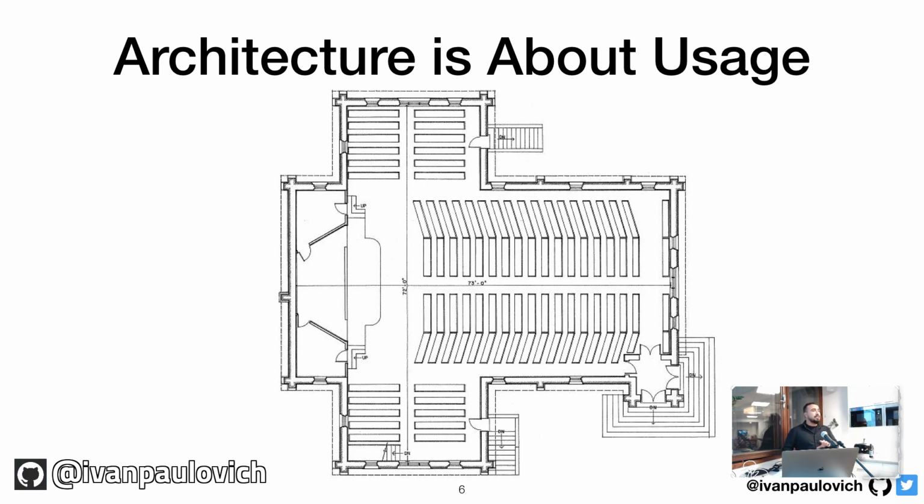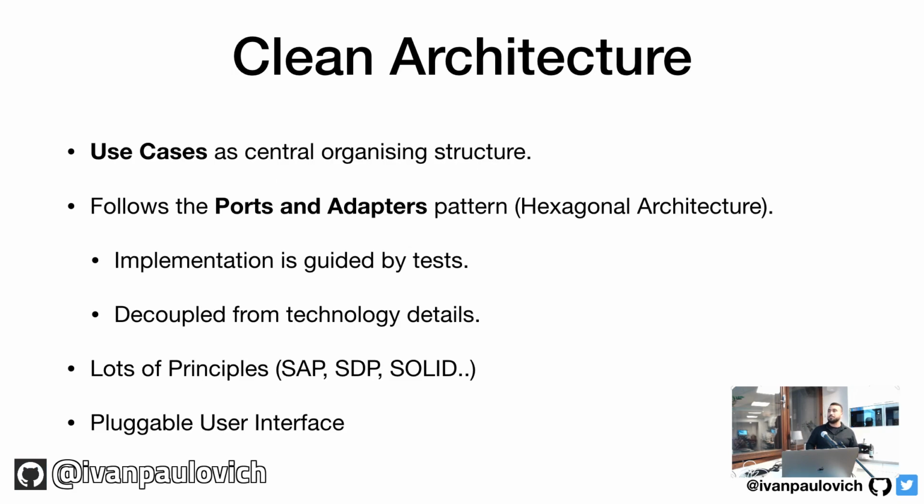The challenge in software architecture is that we usually don't do that. We usually hide the usage behind technology details, implementation, frameworks. And how can we do it differently? I need to introduce what I think is the main tool that will help you build software architectures guided by usage: clean architecture, because in a clean architecture, the use cases are the central organizing structure.